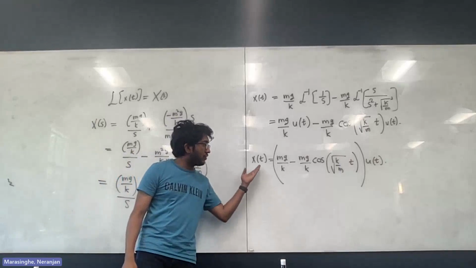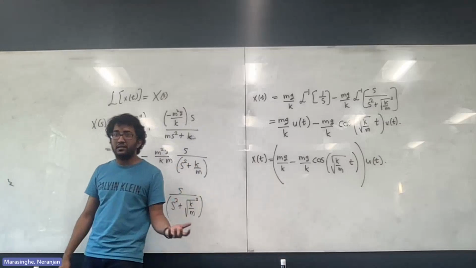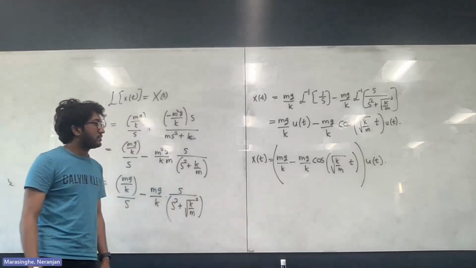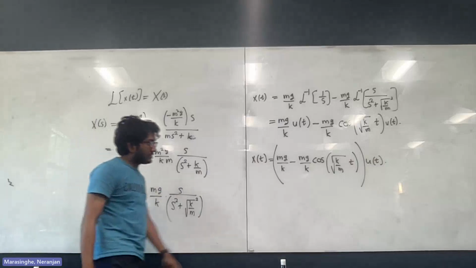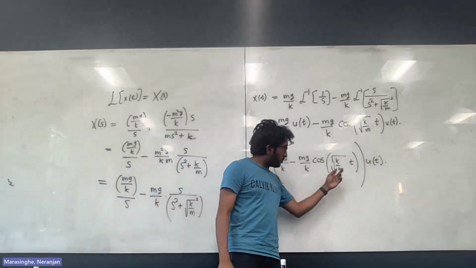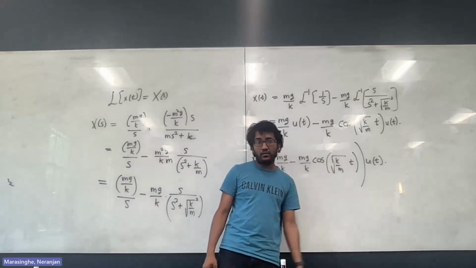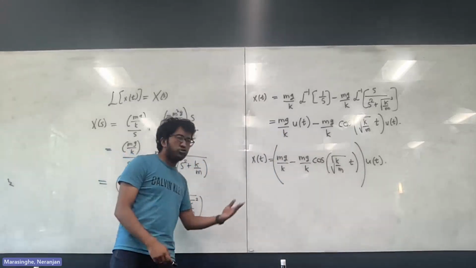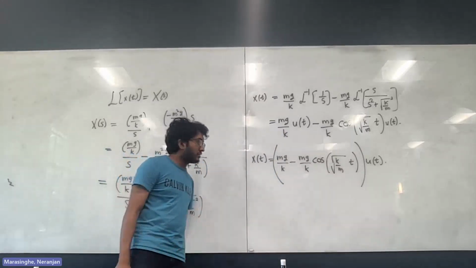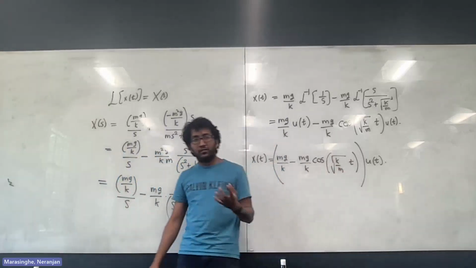So this is the formula for the position of the object that we attach to the spring. And this square root of k divided by m is called the frequency of this oscillation. We know that omega is 2 pi f, so if you divide this by 2 pi, you would get the frequency of oscillation.